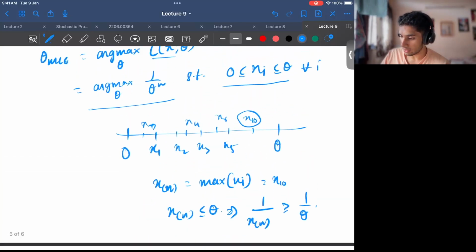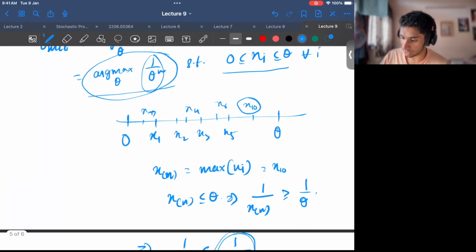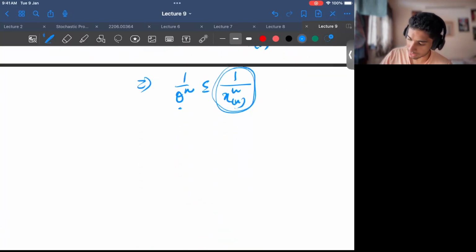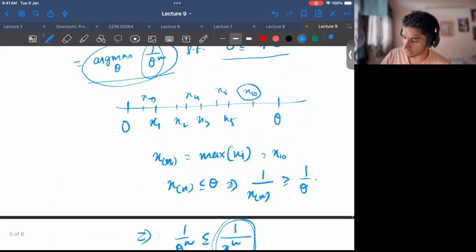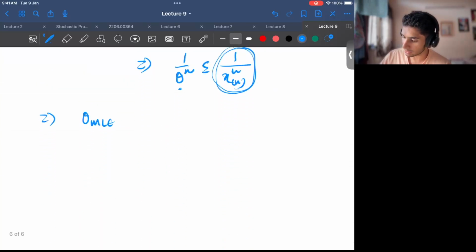Now you have to maximize the value of this thing, and here you are getting an upper bound, the maximum value that 1 by theta raised to n can take is 1 by x_n raised to n. So from here, theta MLE, which is the maximum value of this thing subject to this constraint, is nothing but 1 by x sub n raised to n.